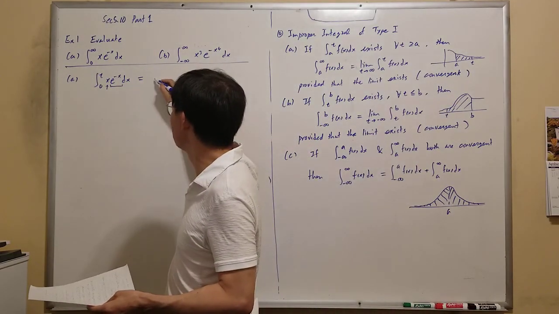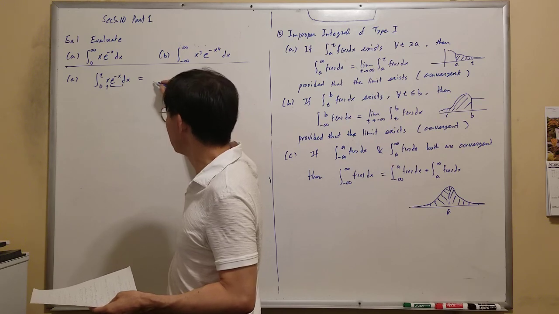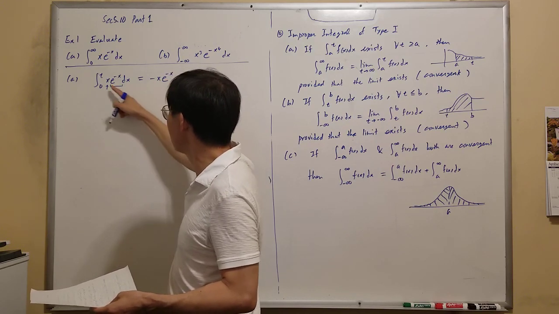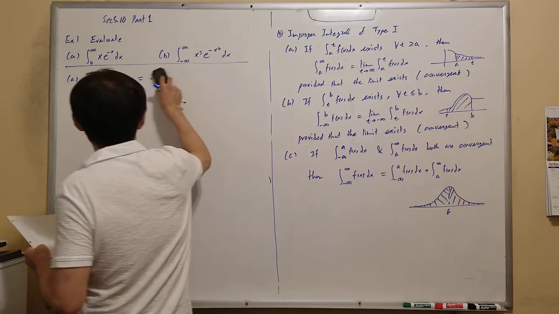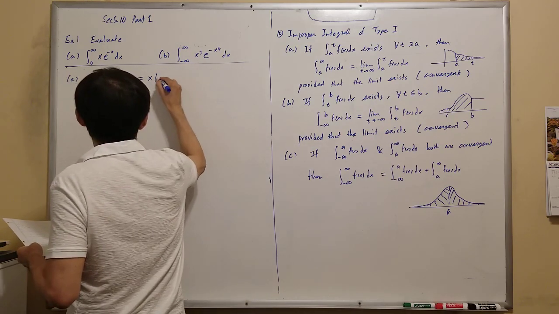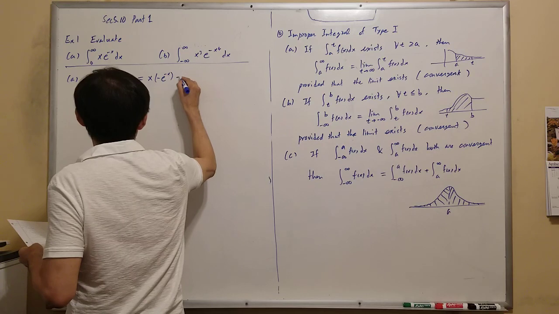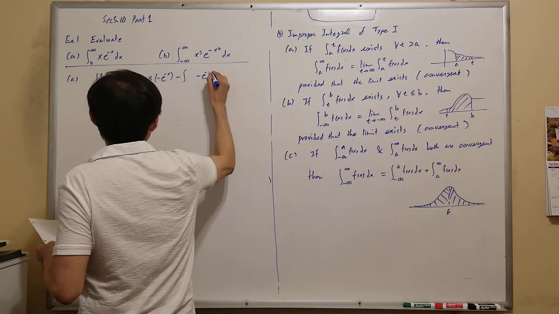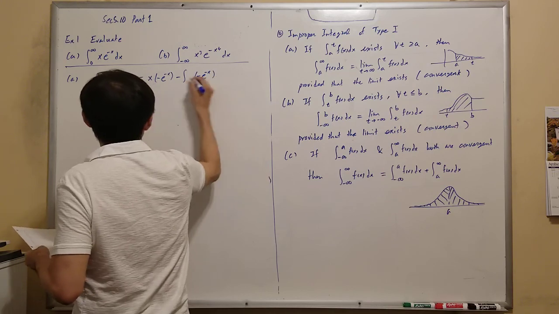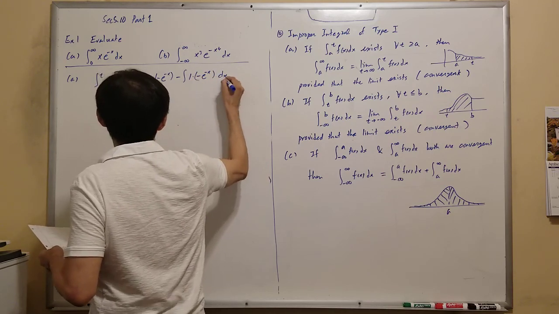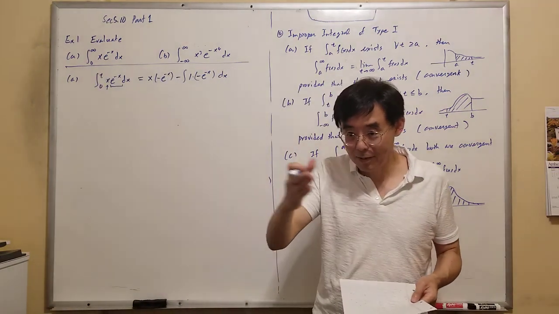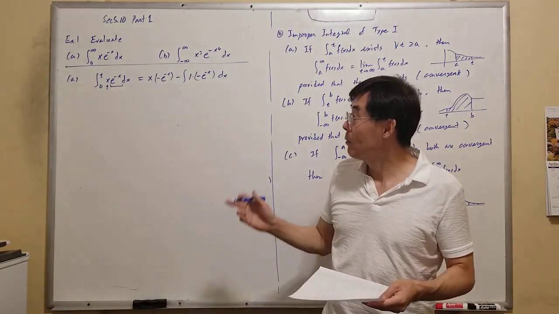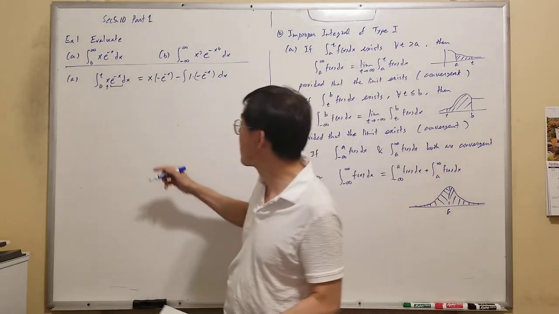Integrating this one will give you minus e to the minus x. So I'm going to keep x as it is, integrate this function, and differentiate the other. I just wrote it integrated by parts, literally the way it was given in the formula.